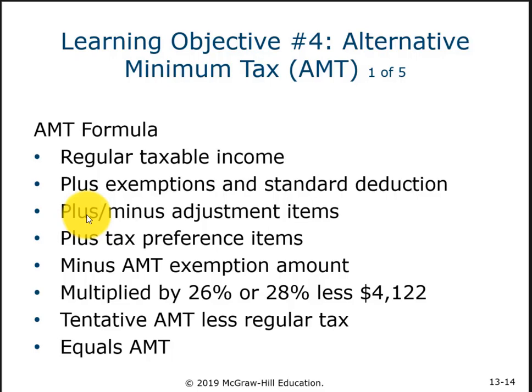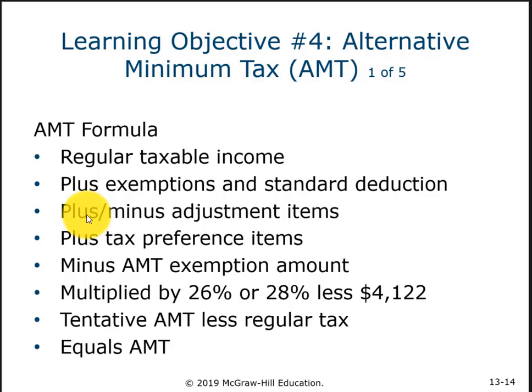Once you've subtracted that exemption amount, then based on your filing status, you multiply by 26 or 28% and subtract out the difference of $4,122. This is how it's described on the actual form. That gives you your AMT, your alternative minimum tax.